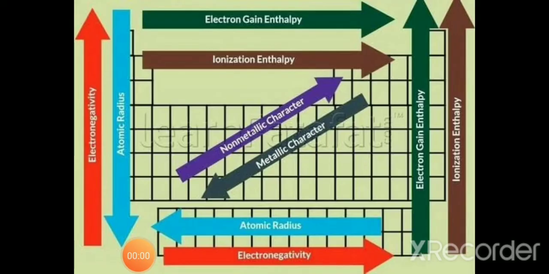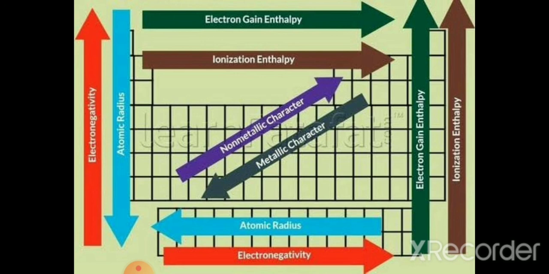We can therefore conclude that atomic radius increases down the group and it decreases across a period as we move from left to right. Next, consider ionization enthalpy. Ionization enthalpy increases across a period and it decreases down the group.